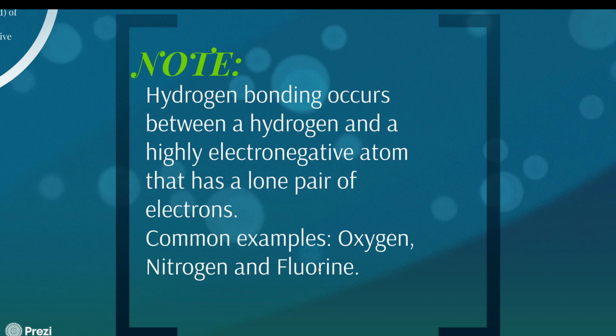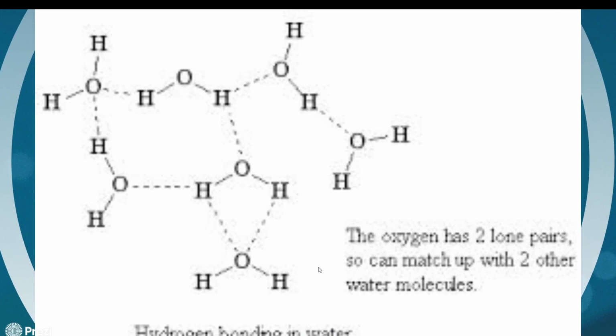And this here is saying the most common are oxygen, nitrogen, and fluorine. I would argue that chlorine is another common one that also participates in hydrogen bonding. This is an example of a large body of water where the non-dashed straight lines are our water molecules.